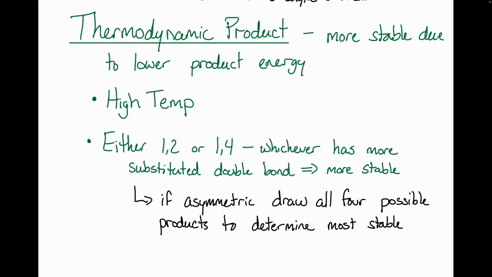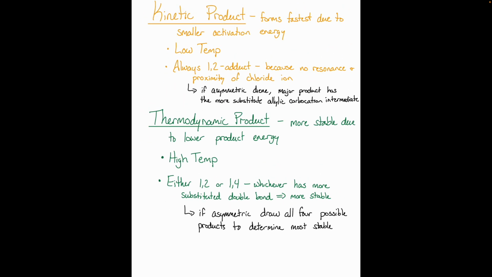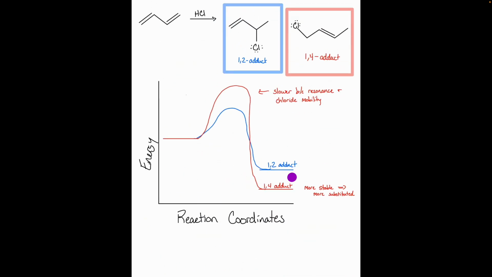All right, so electrophilic addition of conjugated dienes here. We got 2 possible things that could happen. We could either have a 1,2 adduct form, which is our normal product that we would expect just based on analogy of what we learned about alkenes. But then we also have this 1,4 product that can form as a result of resonance here.